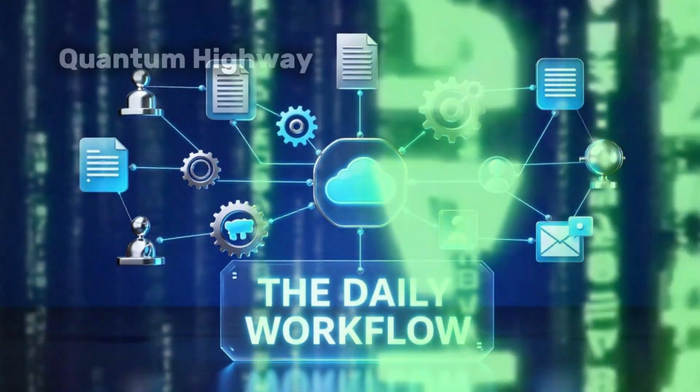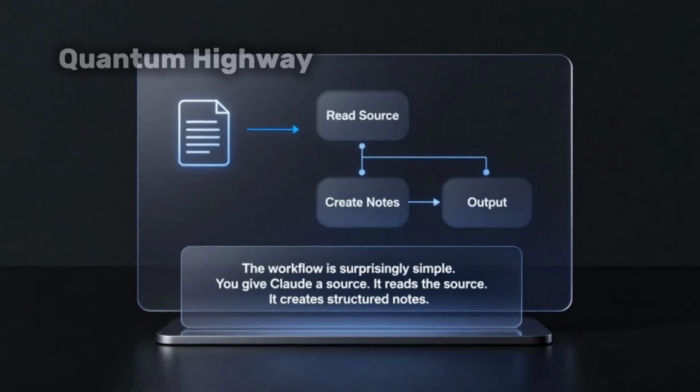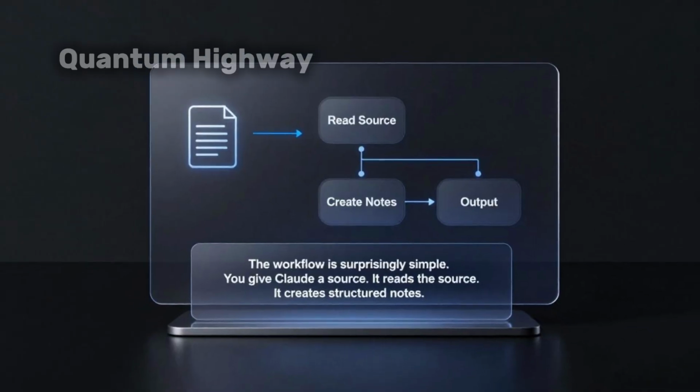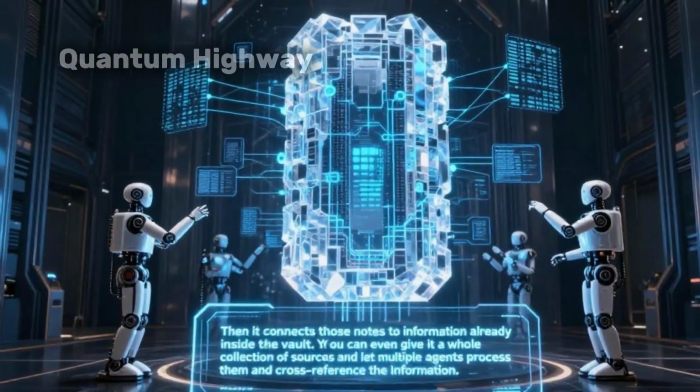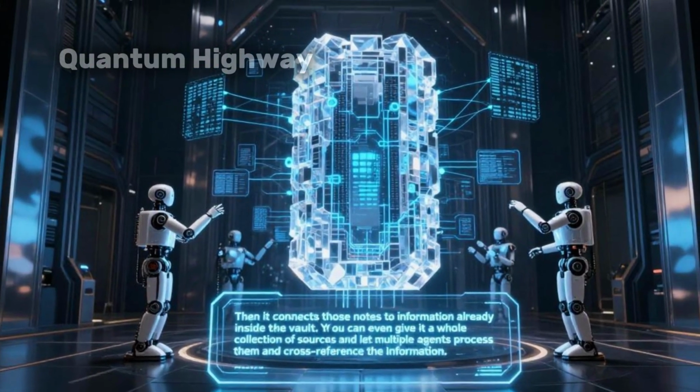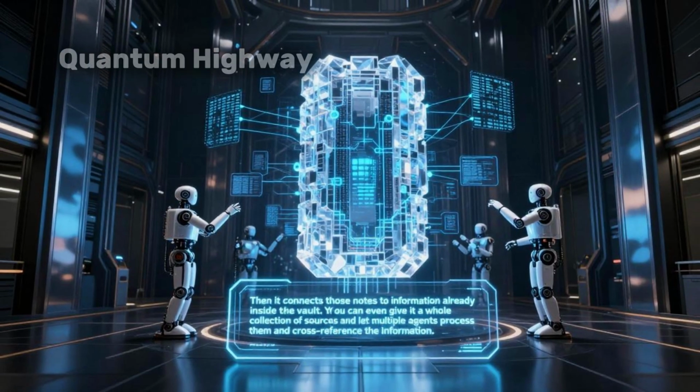The daily workflow. The workflow is surprisingly simple. You give Claude a source, it reads the source, it creates structured notes. Then it connects those notes to information already inside the vault. You can even give it a whole collection of sources and let multiple agents process them and cross-reference the information.